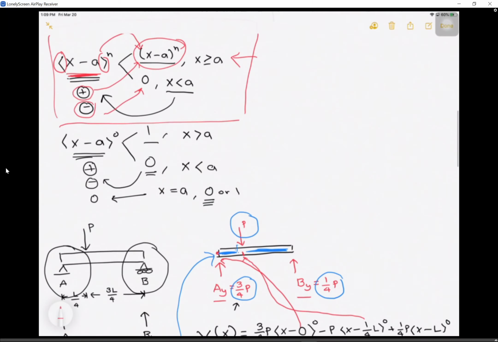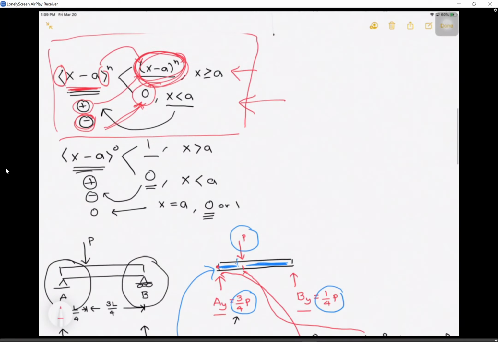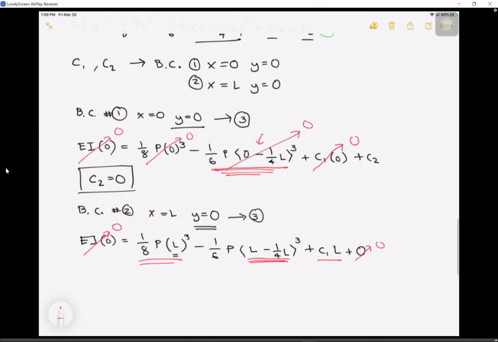So we have, again, this guy right here. We have x minus a raised to n, and if it's positive, we can change it into this form. If it's negative, we can change it to 0 value. In this case, it's a positive number. How can we tell it's a positive number?